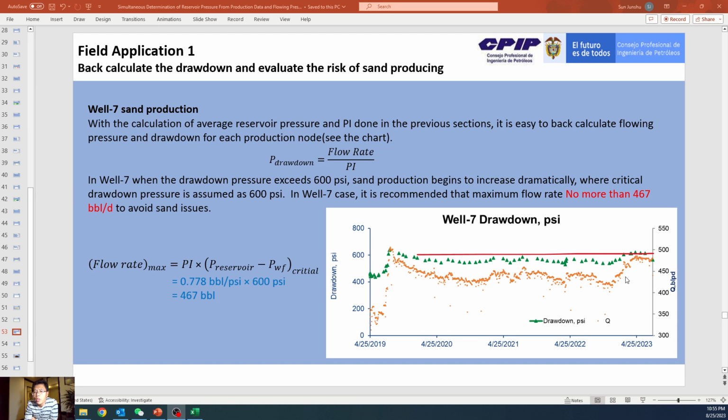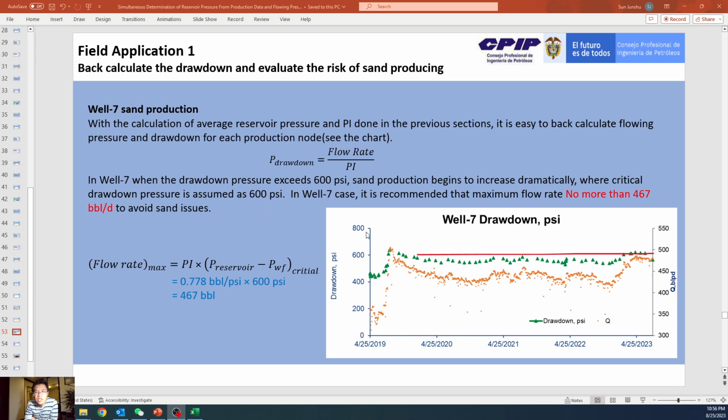Okay, if we look at the drawdown in the second quarter of 2023, the drawdown is nearly 600 psi. When the drawdown exceeds 600 psi, sand production begins to increase dramatically. So we assume the crucial drawdown pressure is 600 psi.